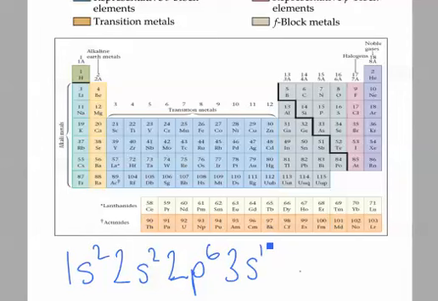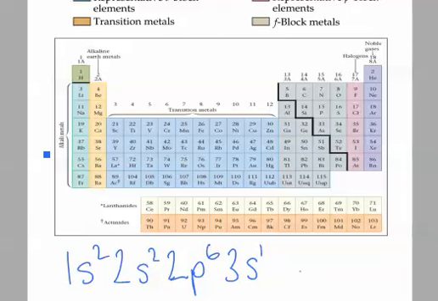Again, we just use the periodic table as a guide, and that way we don't really even have to count our electrons. We just need to make sure that whenever we're filling up our s orbitals, the s orbitals hold 2 electrons. When we go to the p orbitals, there are 3 p orbitals, each holding 2, for a total of 6 electrons. Okay, and this is what we call our electron configuration.